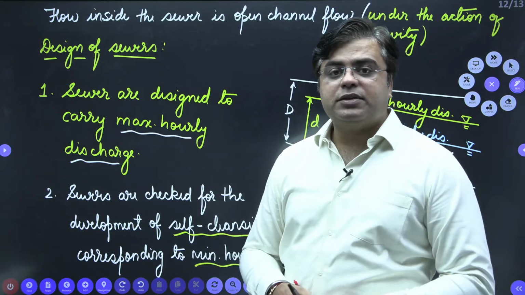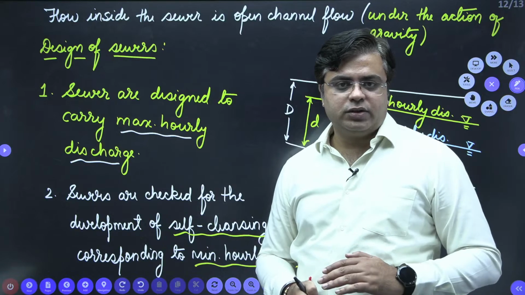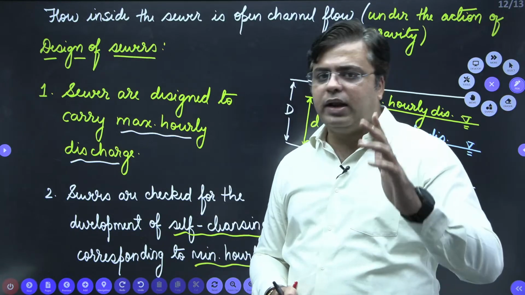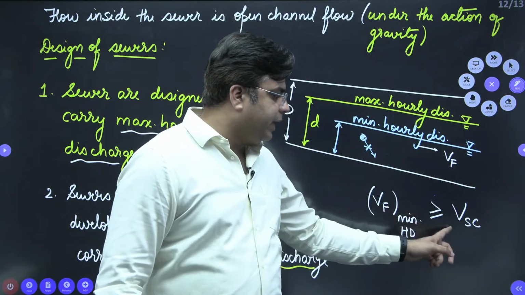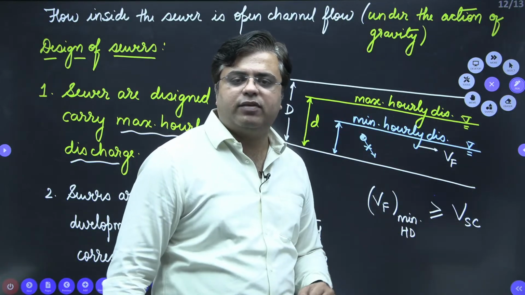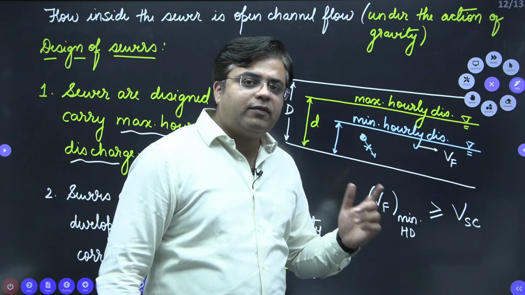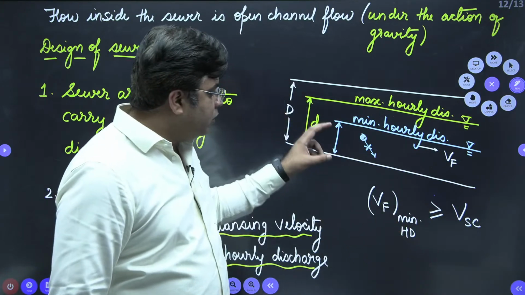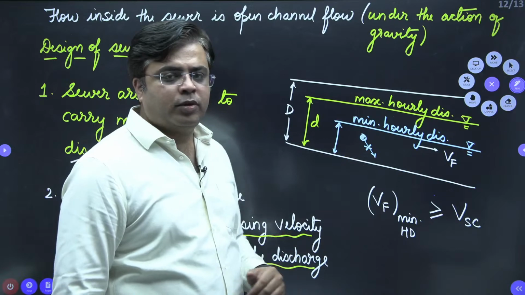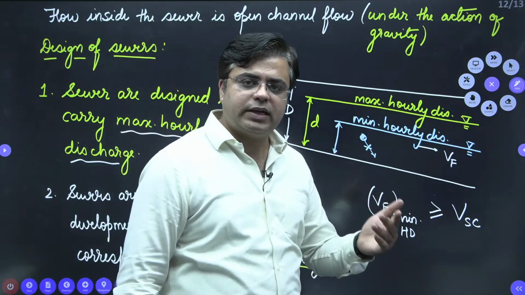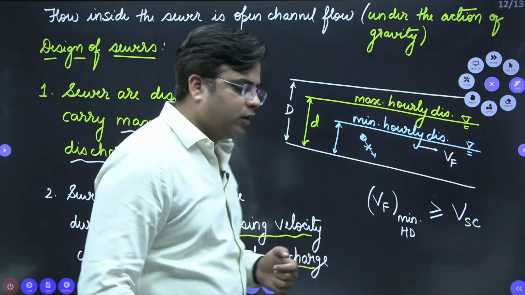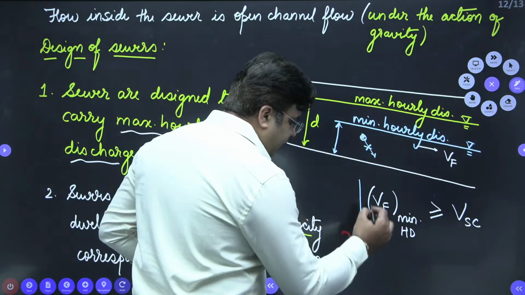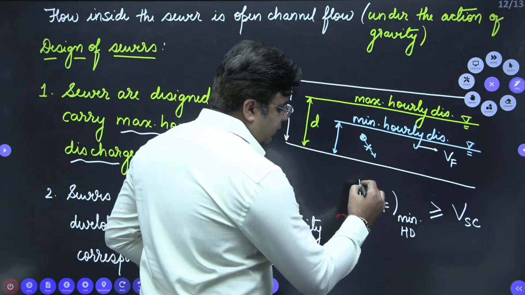Problem starts when your discharge reduces. So during minimum hourly discharge, the velocity of flow inside the sewer should be greater than or equal to the self-cleansing velocity. This self-cleansing velocity will not allow the solids to settle at the bottom of the sewer. Even if some solids are settled due to some other reason, it will take these solids back to the wastewater. So these two things you should keep a check while designing the sewers.